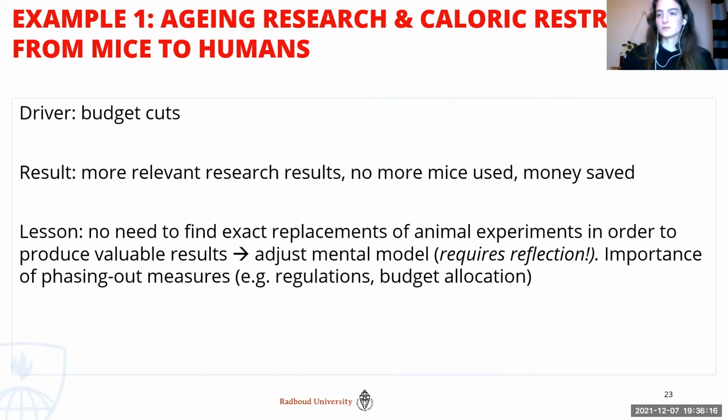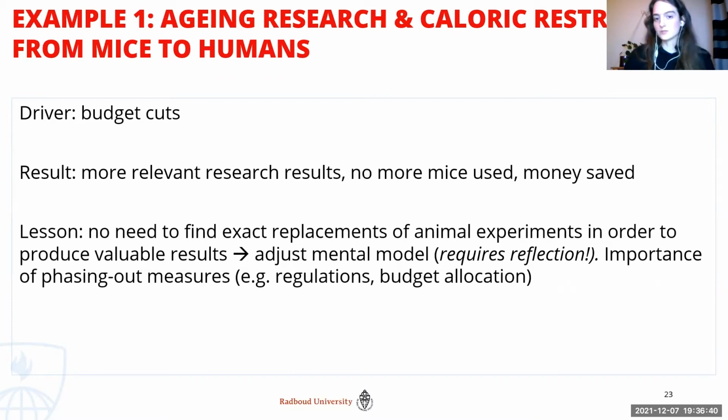The driver was the budget cuts. There was no choice. It just happened that the funder said, we're not going to fund you anymore. But the result was more relevant research results, because this is something that you can actually do and help humans with. Because what they did with the mice, that would never be something that they would do with humans.